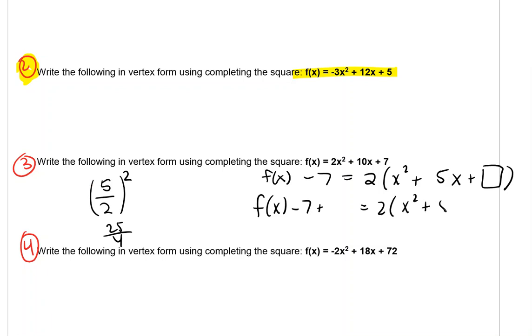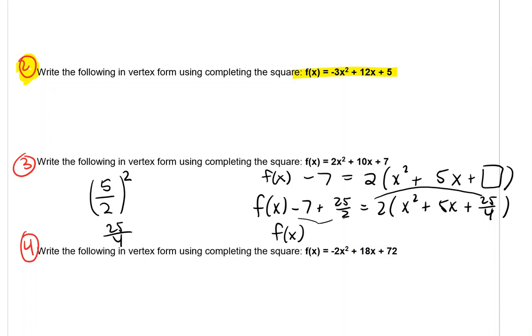x squared plus 5x plus 25 fourths. And then I really added 25 halves because it was 2 times it. Okay, and this came from 2 times that. Then f of x, I'm going to combine these two.